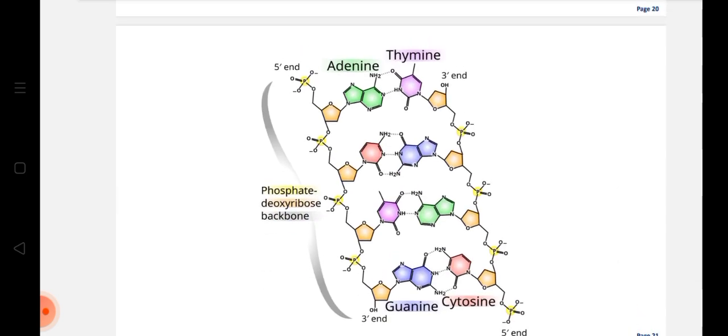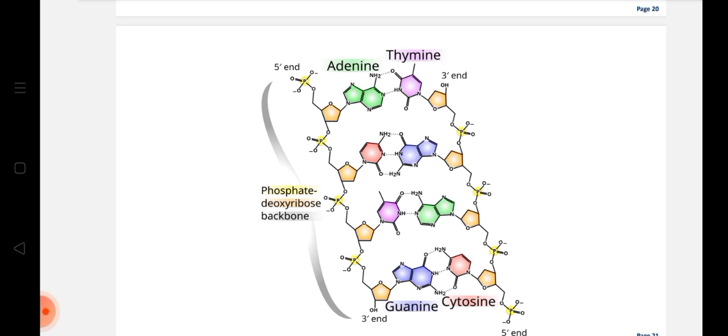Okay, so just like what I have mentioned before, DNA is structured as a double helix, meaning two strands twist around each other like a spiral staircase. Each strand is made of a sugar-phosphate backbone, and between them are the nitrogenous bases adenine, thymine, cytosine, and guanine. They pair specifically. In DNA, adenine will pair with thymine and cytosine will pair with guanine, and they are held together by hydrogen bonds.